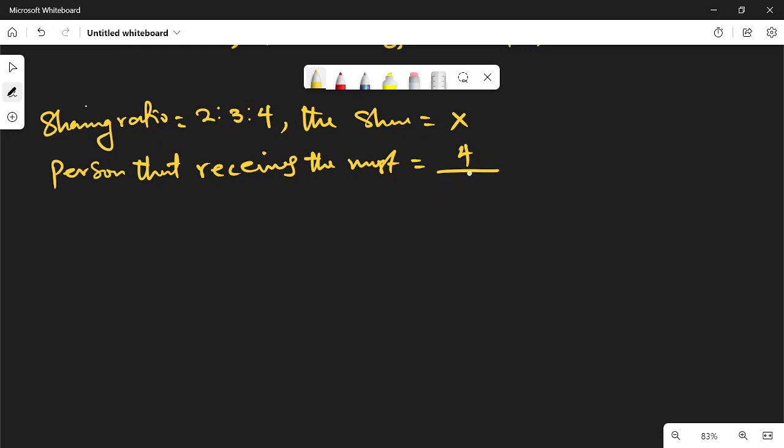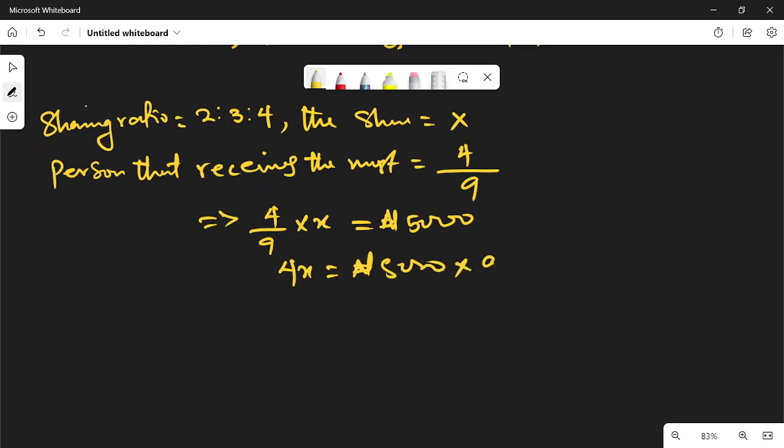That's 9, so 4/9. Therefore, 4/9 times X is equal to 5,000 naira. Cross multiply, we have 4x is equal to 5,000 naira times 9. So X is equal to 5,000 naira times 9 over 4, that's 45,000 naira.